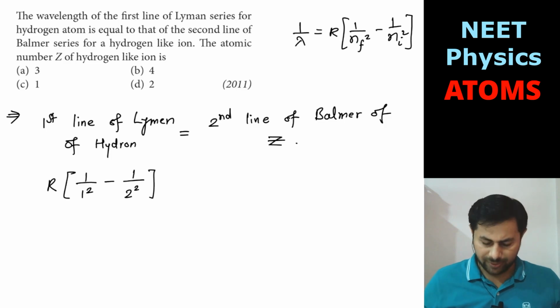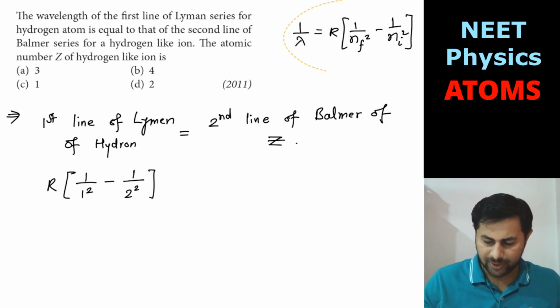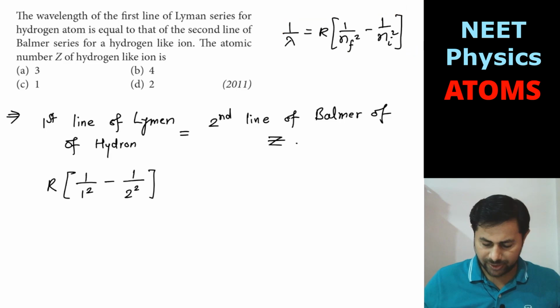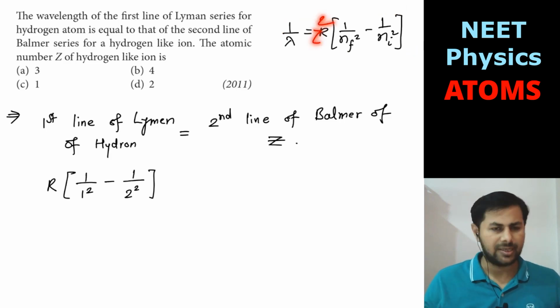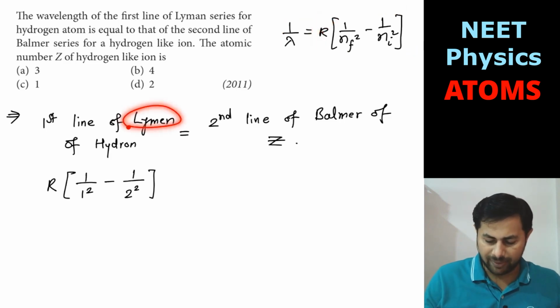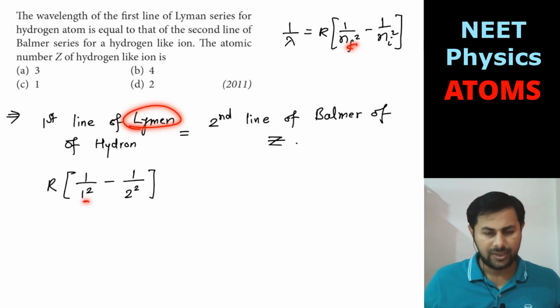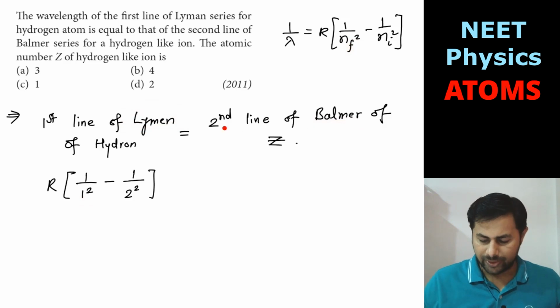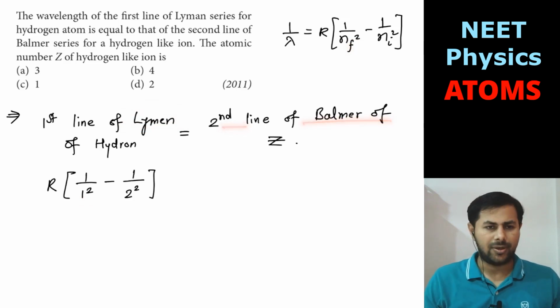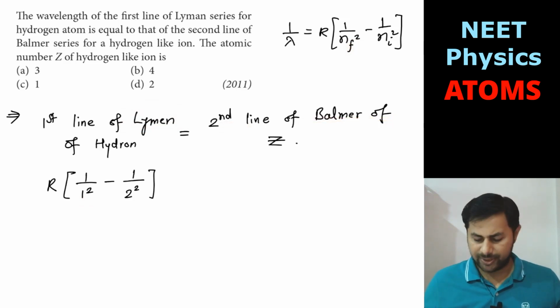This is for hydrogen, and for hydrogen-like atoms there is just Z square in multiplication with this R. If it is Lyman, then n_f is equal to 1. If it is Balmer, then n_f would be equal to 2, right? So this is the second line of the Balmer series of an atom having atomic number Z.